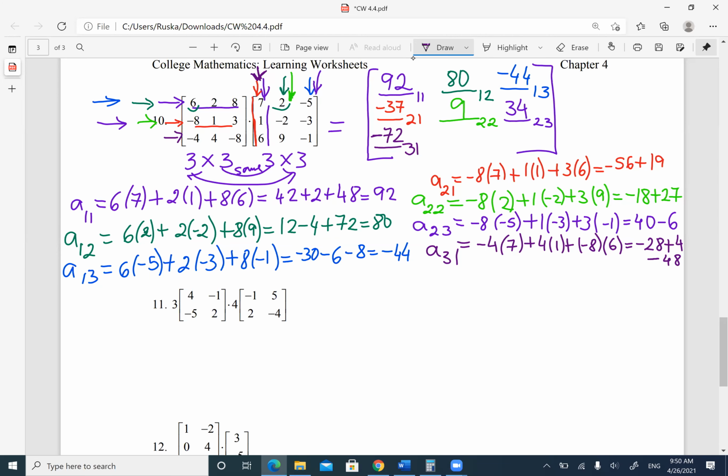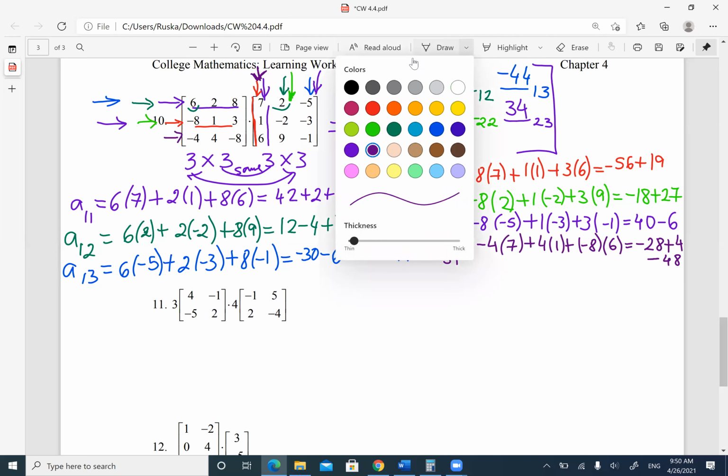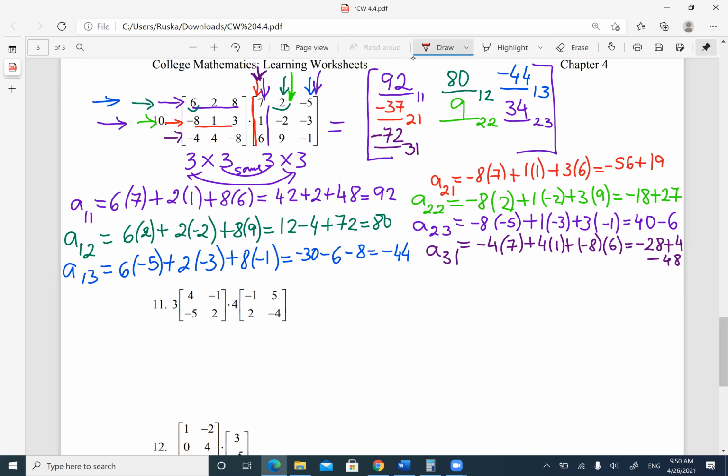Yes, ma'am. Okay, and then you're going to the next one, let's do this one. This number here, which is third row and second column. I'm going to write it here, A, 3, 2. It's going to be third row again. Now we're going to go to the second column, sorry. So we're going to get this by this.